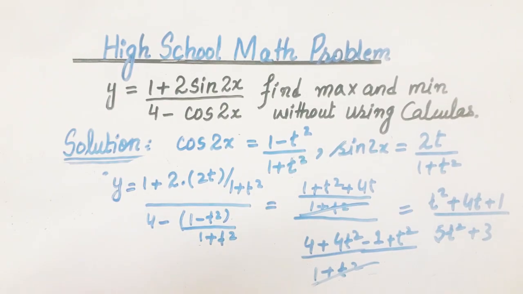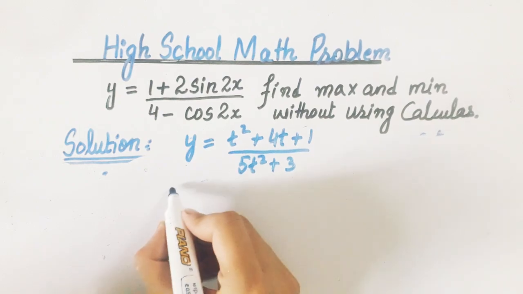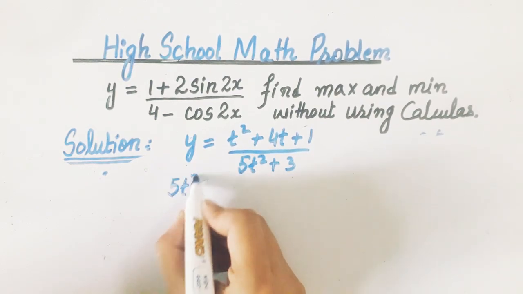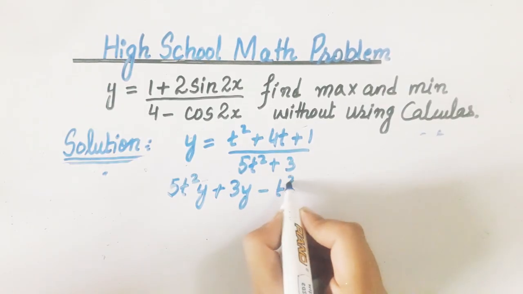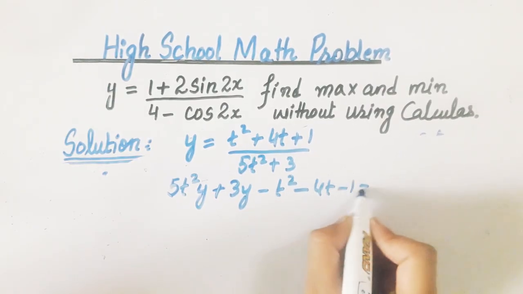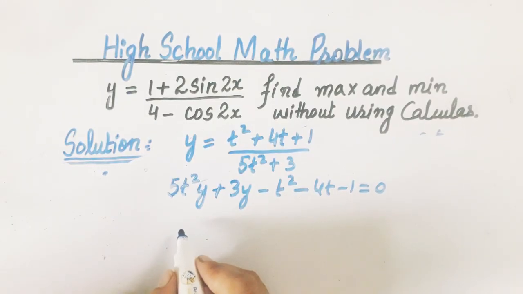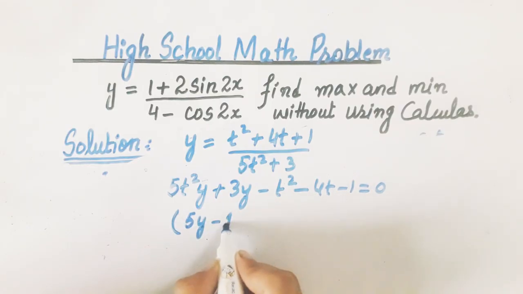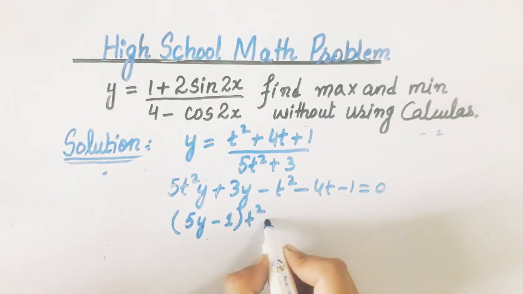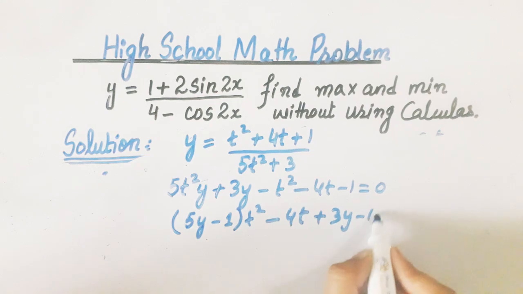Now we will multiply this by y and get 5t square y plus 3y minus t square minus 4t minus 1 equals 0. Now this equation will become (5y minus 1) t square minus 4t plus (3y minus 1) equals 0.